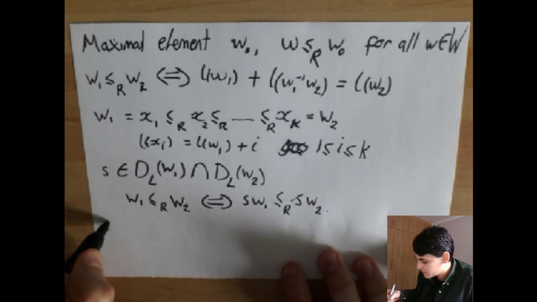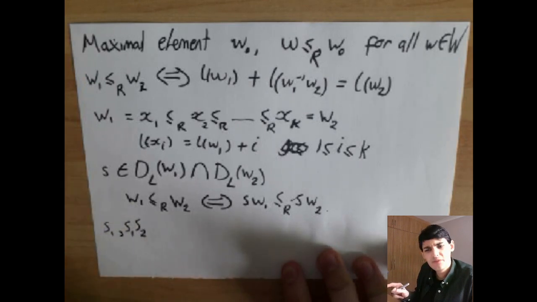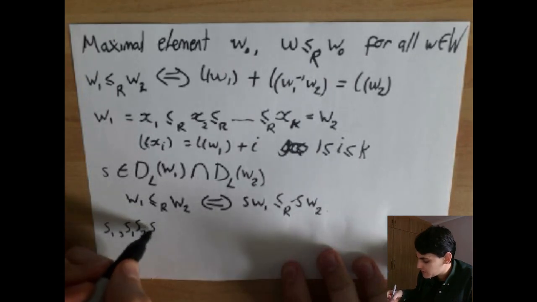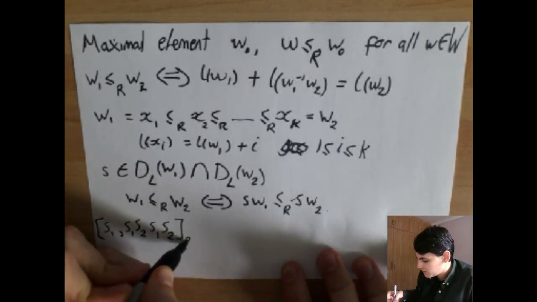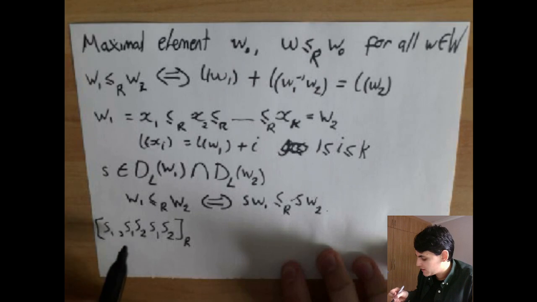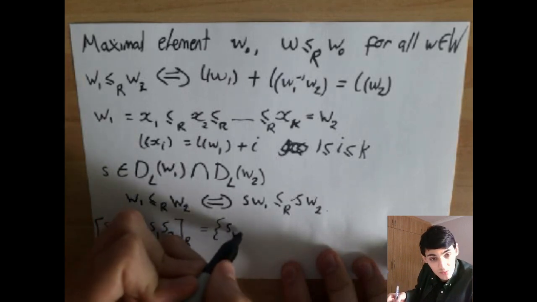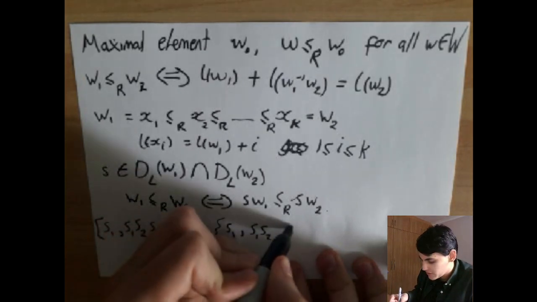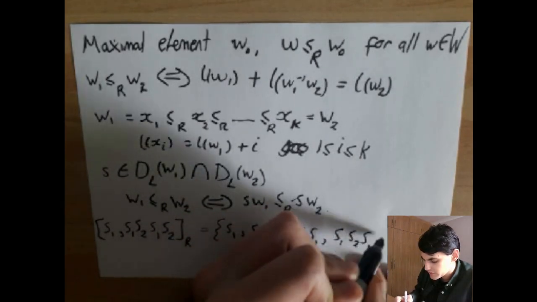So if you've got the same elements that we looked at before, the interval from S1 up to S1, S2, S1, S2 is equal to S1, S1 S2, S1 S2 S1, and S1 S2 S1 S2.